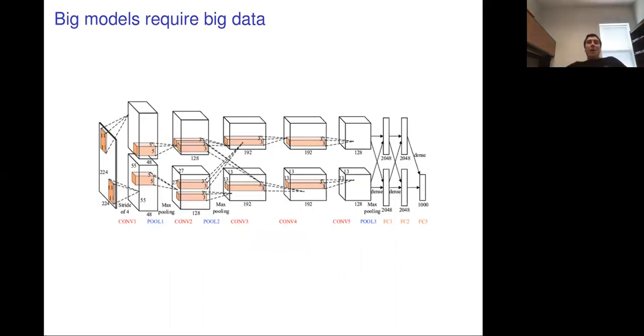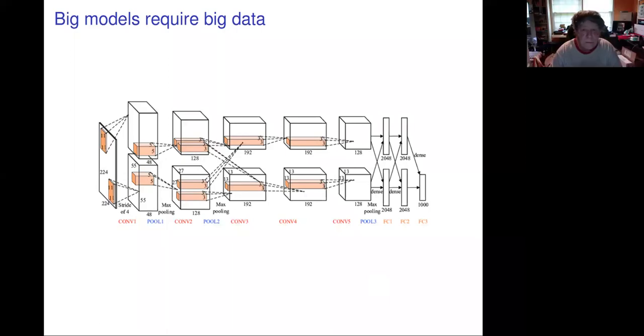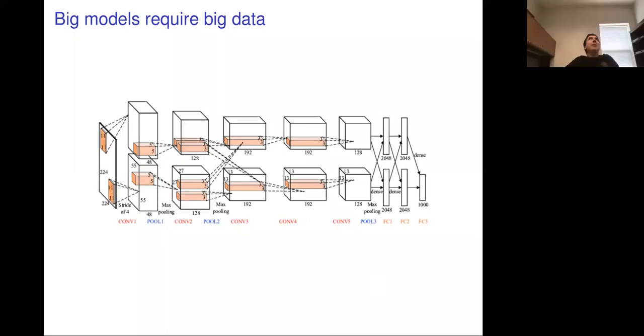Okay, so just to get going here, this is a diagram of the architecture of some fancy neural network. I believe this one is called AlexNet, and it's won a bunch of competitions. The point that I want to get across with having this picture as the first slide is that we hear this term big data a lot.